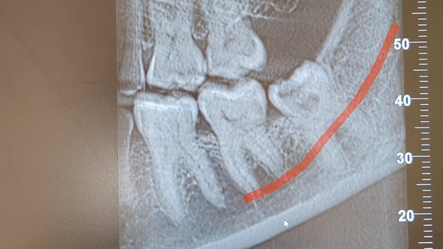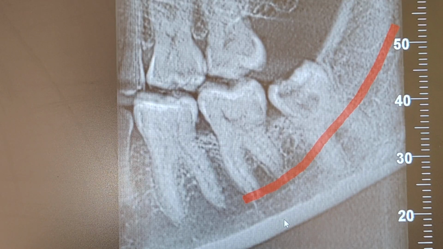Very few cases. And let's go into the further slices and evaluate whether the inferior alveolar canal in this particular case is running buccally or lingually, and we would also assess whether there is a relationship between inferior alveolar canal and the root end region.